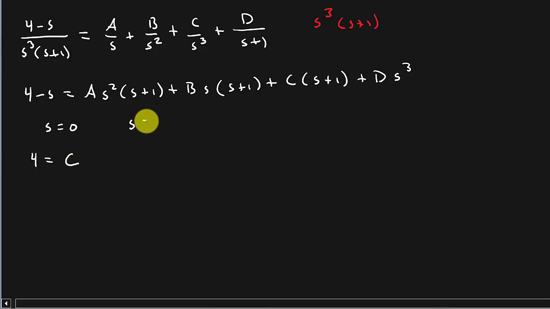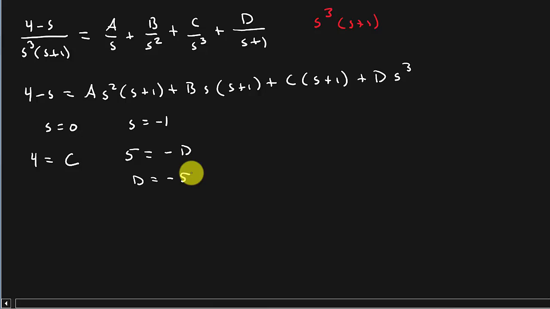And then I'm going to let s equal -1. So I got 4 minus -1 is 5. And if I plug -1 in, that goes to 0, that goes to 0, and that goes to 0. And -1 cubed is -1, so that's -d. So d is equal to -5.